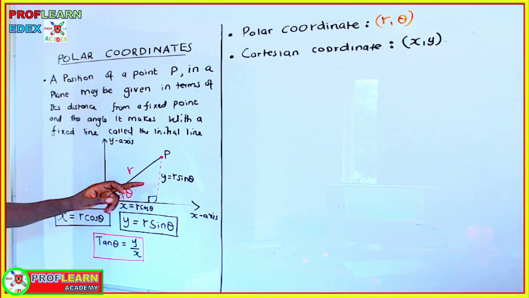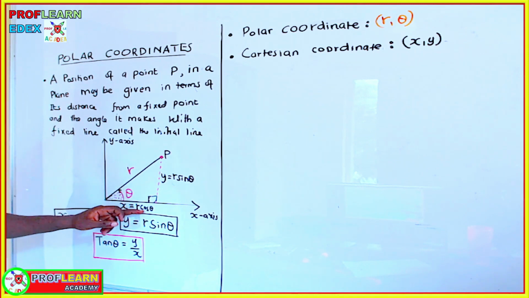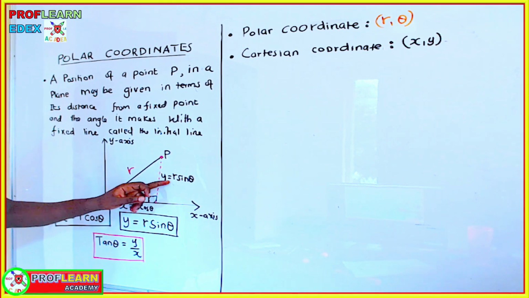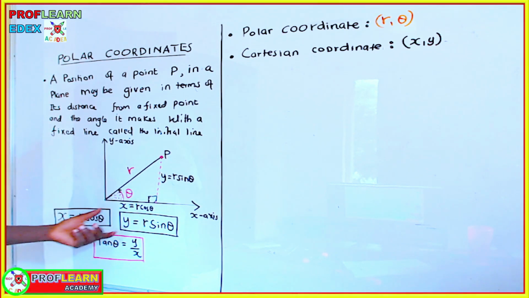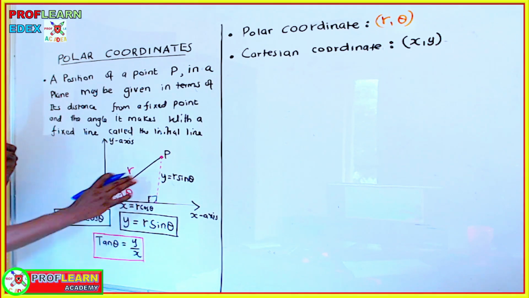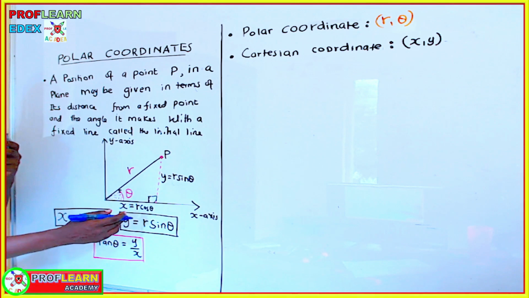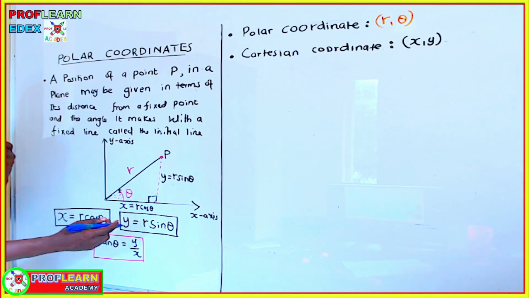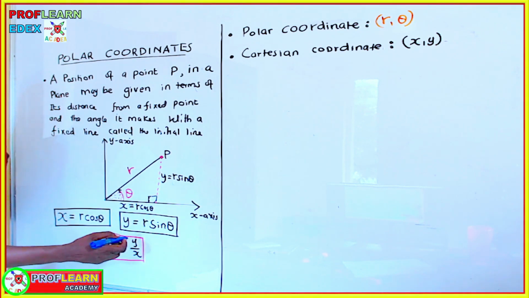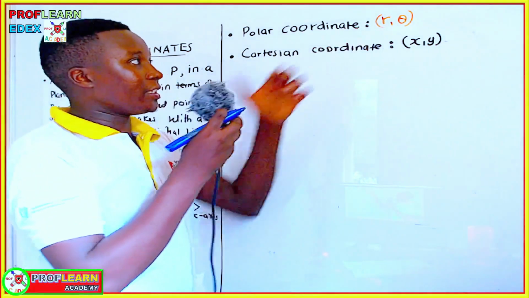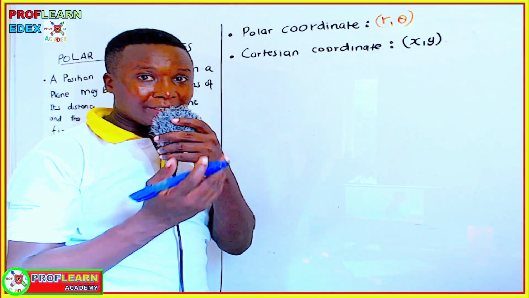So in terms of r and theta, x equals r cos theta, and y equals r sin theta. From here, tan theta is opposite over adjacent, which is y over x. So polar coordinates are given in this format.